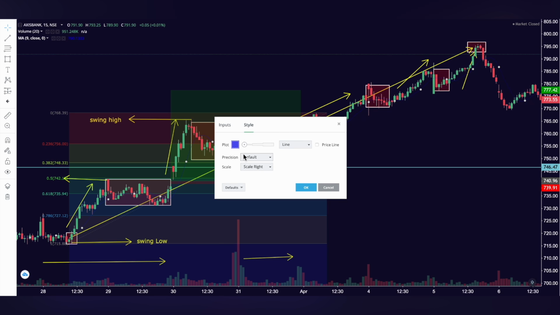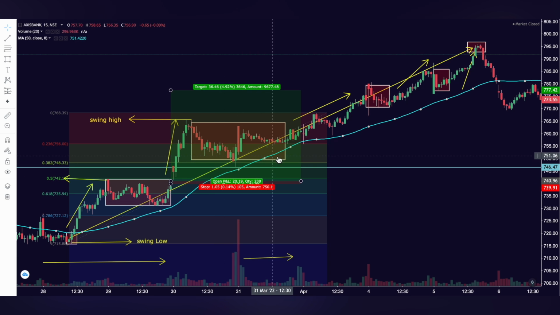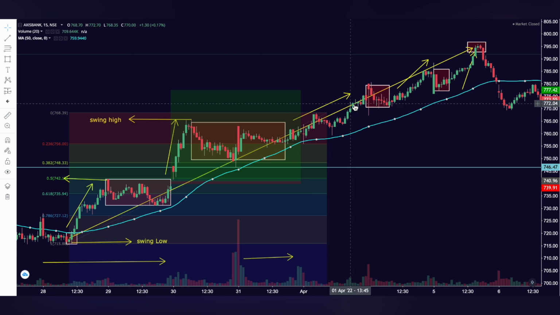Just click on setting, make it bold, increase the color, keep whichever bright colors you want, and then this length has to be 50. Now as long as the stock is trading above this level during an uptrend, I will hold the position. As soon as this 50 EMA level is broken, I will exit the trade. So this is how we can plan our exit.